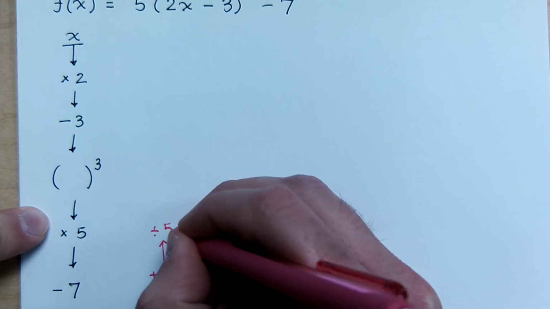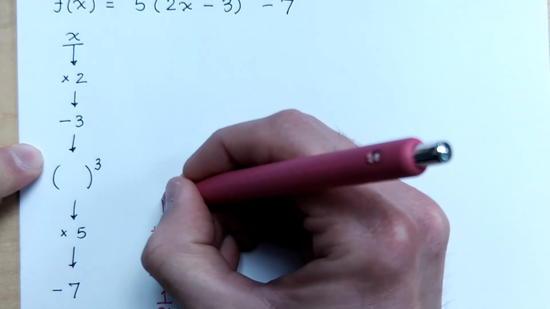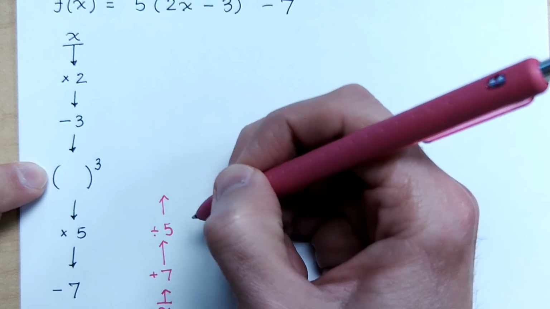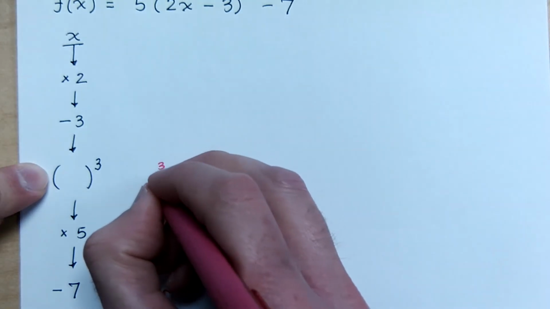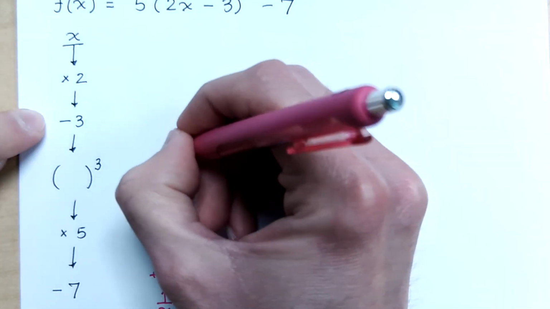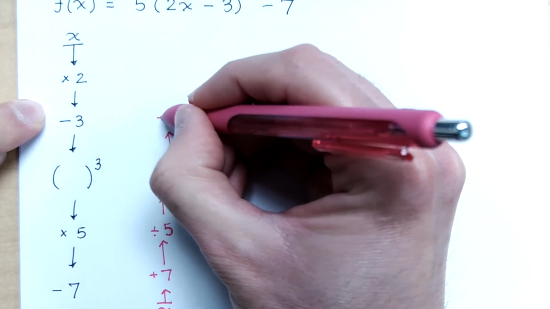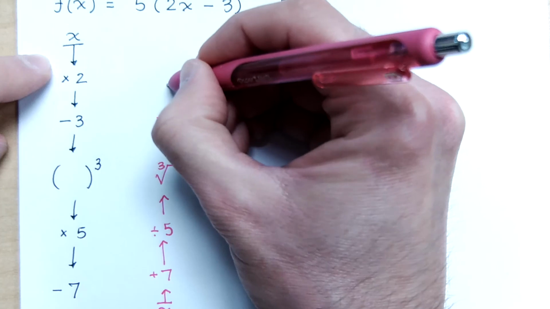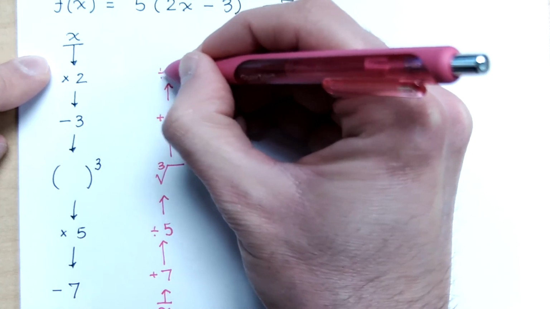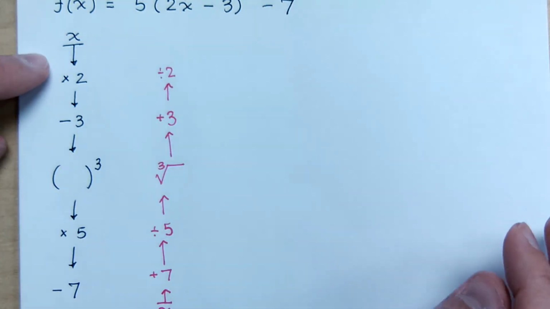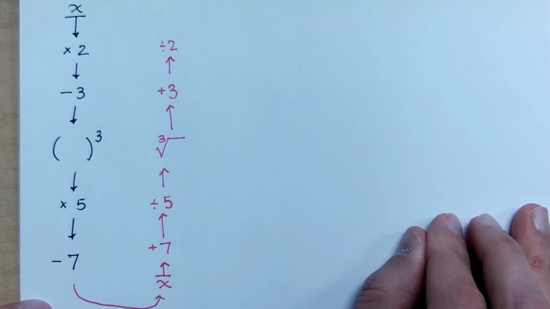Divide by 5. How do you undo cubing something? You would take the cube root. And then what? Then you would add 3, and finally, divide by 2. You have 5 steps that you have to incorporate into your inverse function.